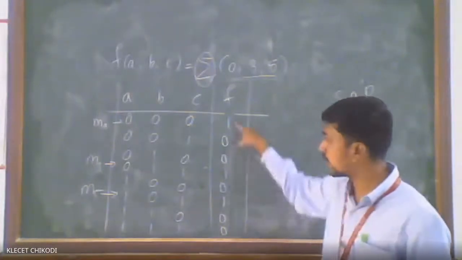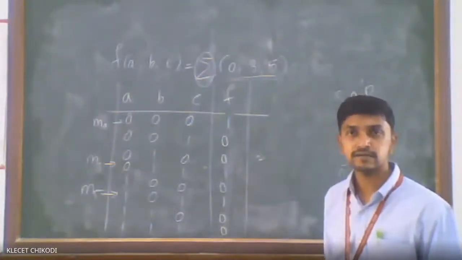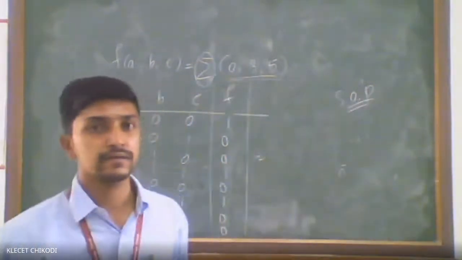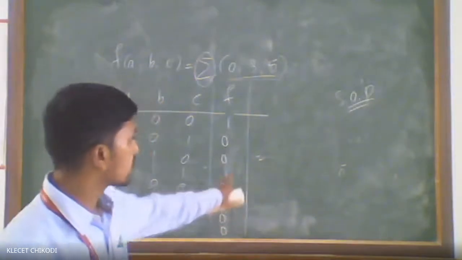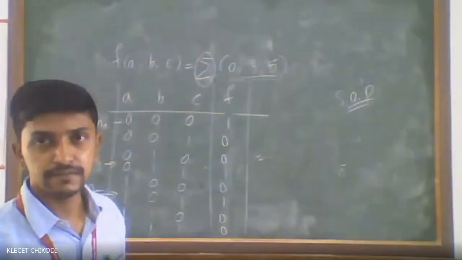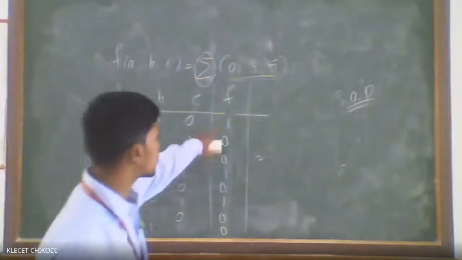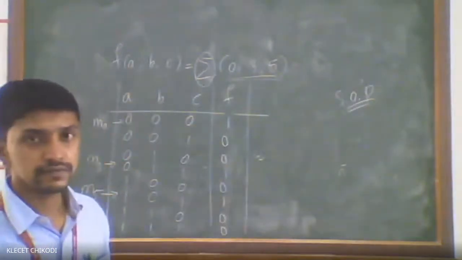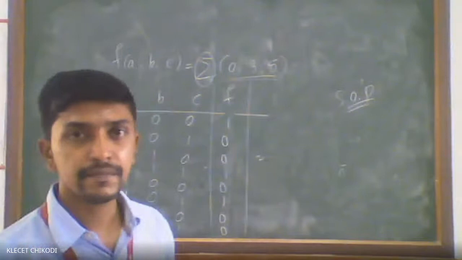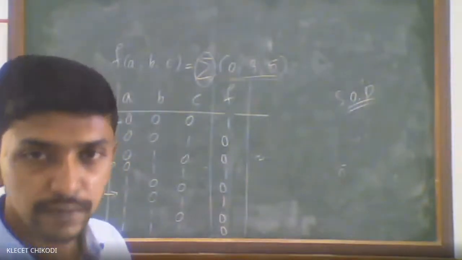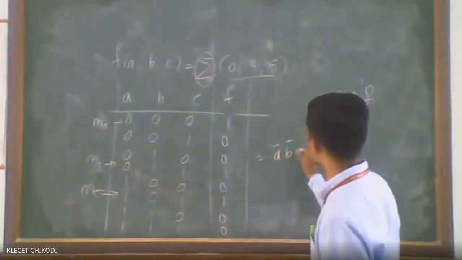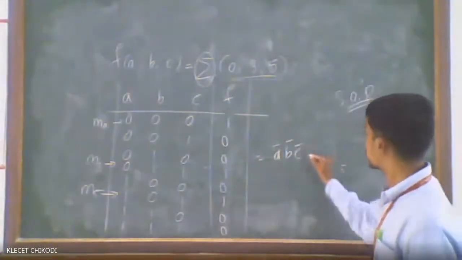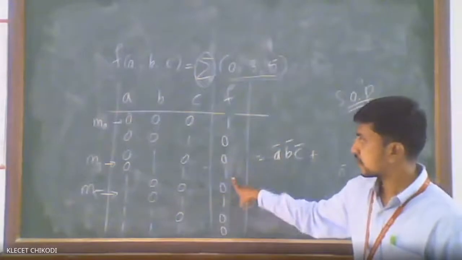Now, can you write the Boolean expression for this function value? That is the SOP expression. You have to write down the SOP expression now, considering these function values. Anybody? Can you try that? Somebody has written it. It will be a bar b bar c bar plus, that is for m0.